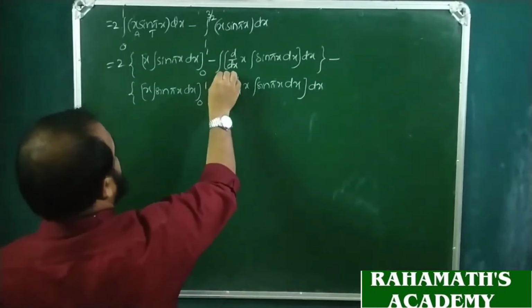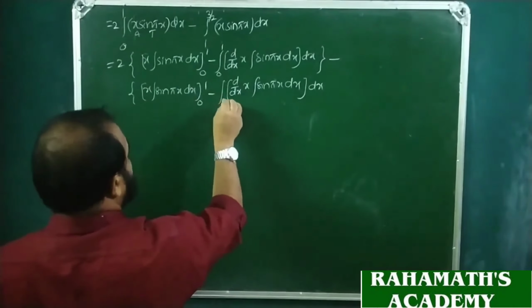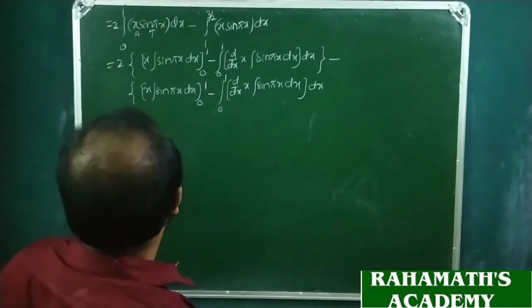So 0 to 1 should be written here and 0 to 1 should be written here.